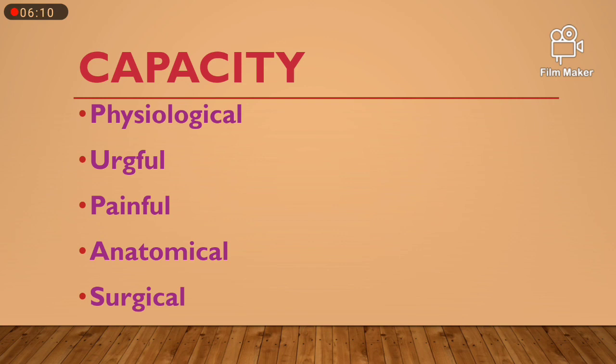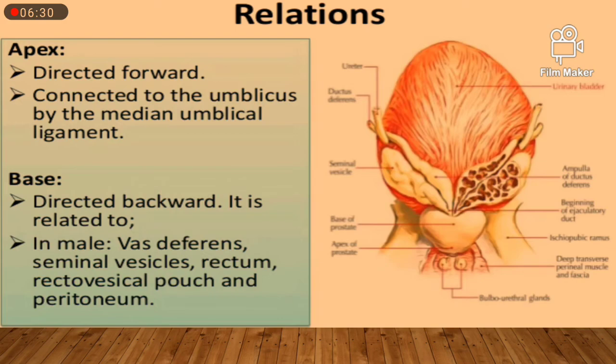That sphincter opens automatically. That is a safety mechanism. But if this safety mechanism fails, the bladder may rupture at around 1000 ml capacity. That is called surgical capacity. So at around 800 ml the sphincter opens, that is anatomical capacity, and at 1000 ml it ruptures, that is surgical capacity.